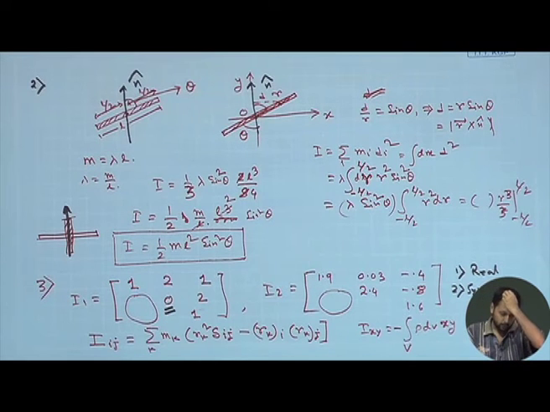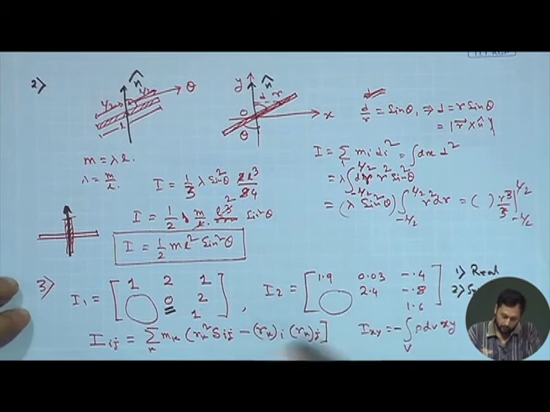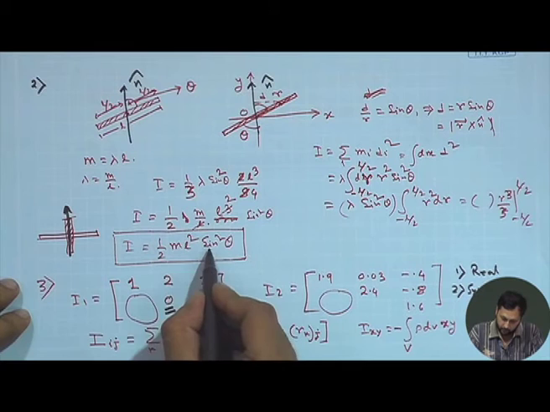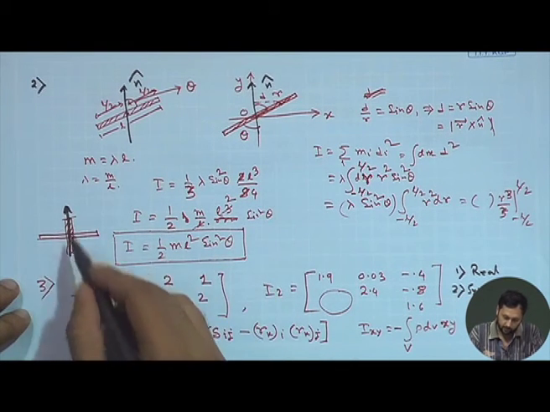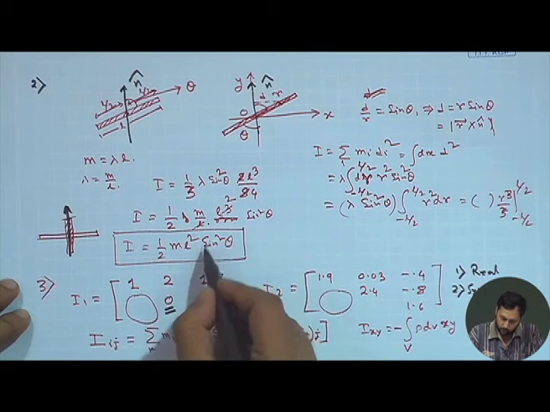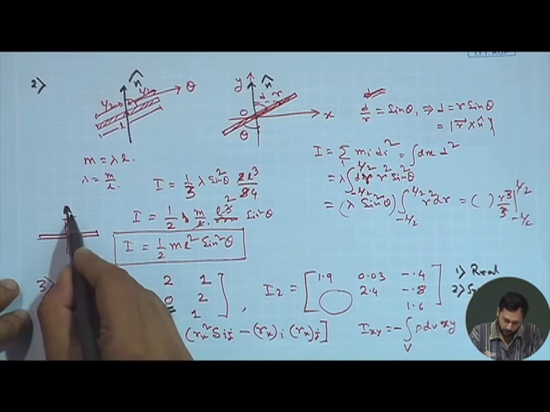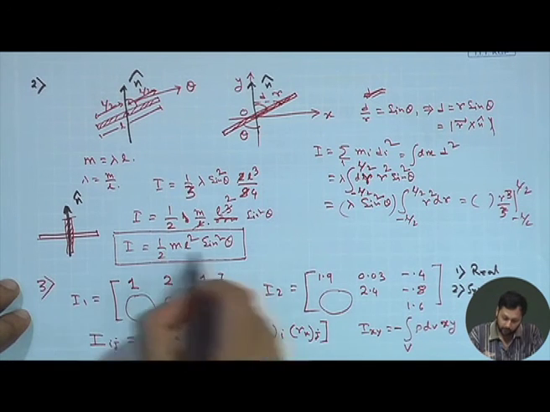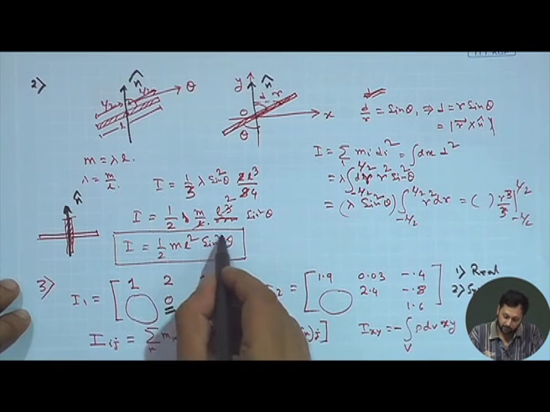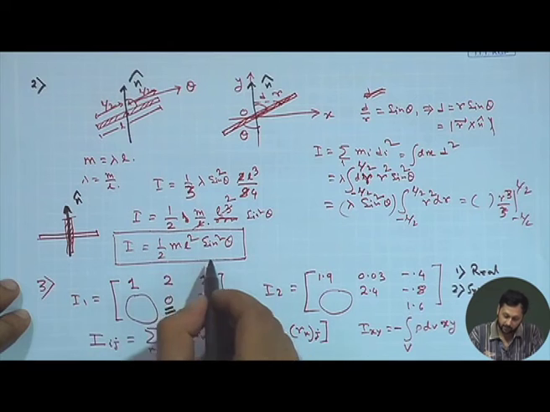If Iyy equal to 0, what have we seen here? In this example, this is a one dimensional system, a rod. If we put theta equal to 0, that means the orientation of the rod is along the axis of rotation. Because it is a one dimensional object, we immediately see that the moment of inertia vanishes.